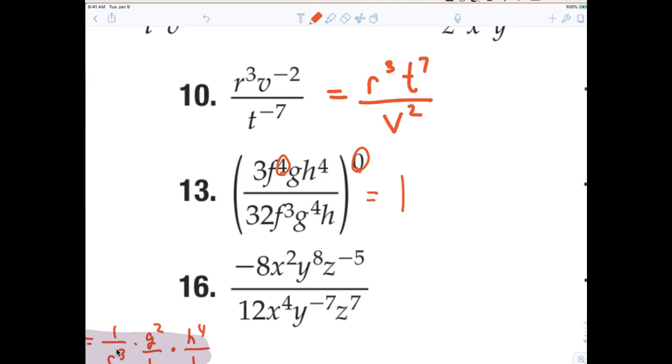Beautiful. Perfect. All right, now's the time. If you're not sure about negative exponents, speak up. Whenever you pick something up and move it, the exponent changes to a positive. It's in the numerator, goes to the denominator. It's in the denominator, moves to the numerator. Good job. All right, Connor.